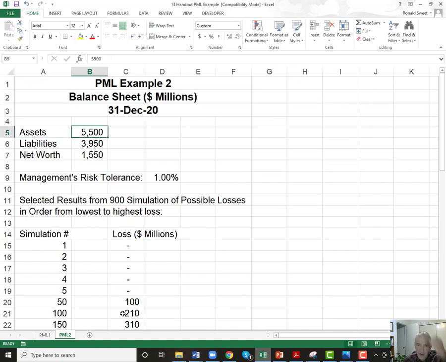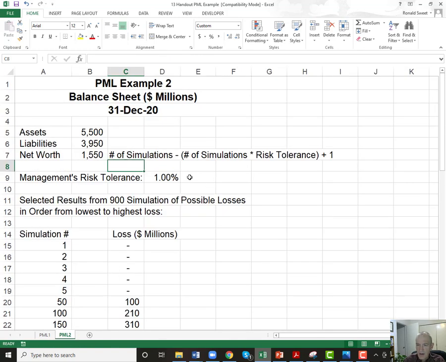So here, $5.5 billion in assets, $3.9 billion in liabilities, and net worth of $1.55 billion. Now our risk tolerance again is 1%. Just like we did in the previous one, we'll take 900 times 0.01 plus 1. Now I don't always do 1%, so make sure you look carefully.